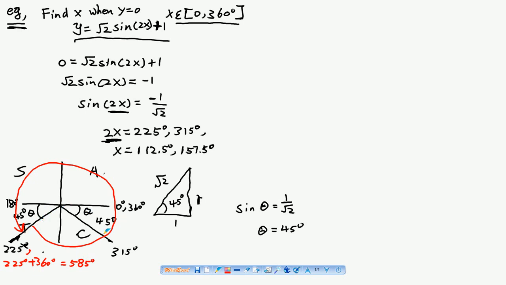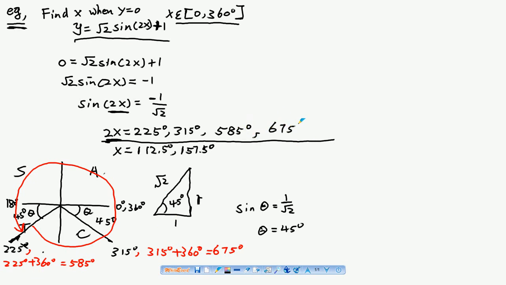Similarly, 315 degrees can also be labeled as 315 degrees plus 360 degrees, which is 675 degrees. So I can have some more values in this step, and they are 585 degrees and also 675 degrees.